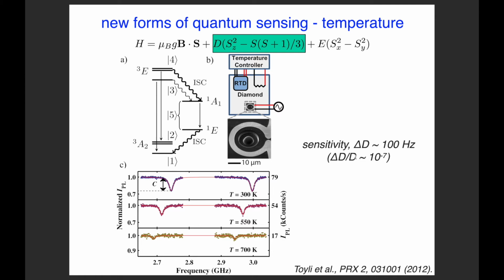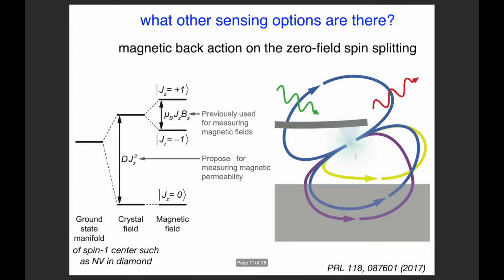and that allows a very sensitive temperature detection. Now, there are other kinds of approaches that one can take to sensing, and here's a new one that we report in this publication down here, and it is very similar in terms of the quantity that is detected to the temperature sensing, but instead of sensing temperature, we're sensing the back action of a nearby magnetic material.